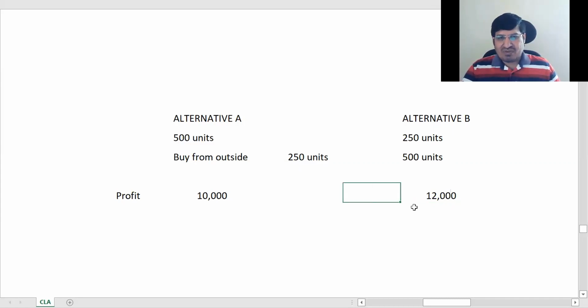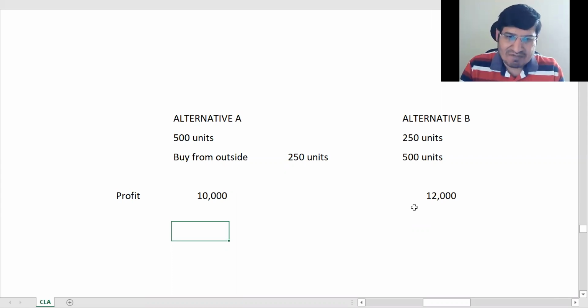So when you have changed from this alternative to this alternative, your profit has changed from 10 to 12,000. This particular thing is called differential revenue.